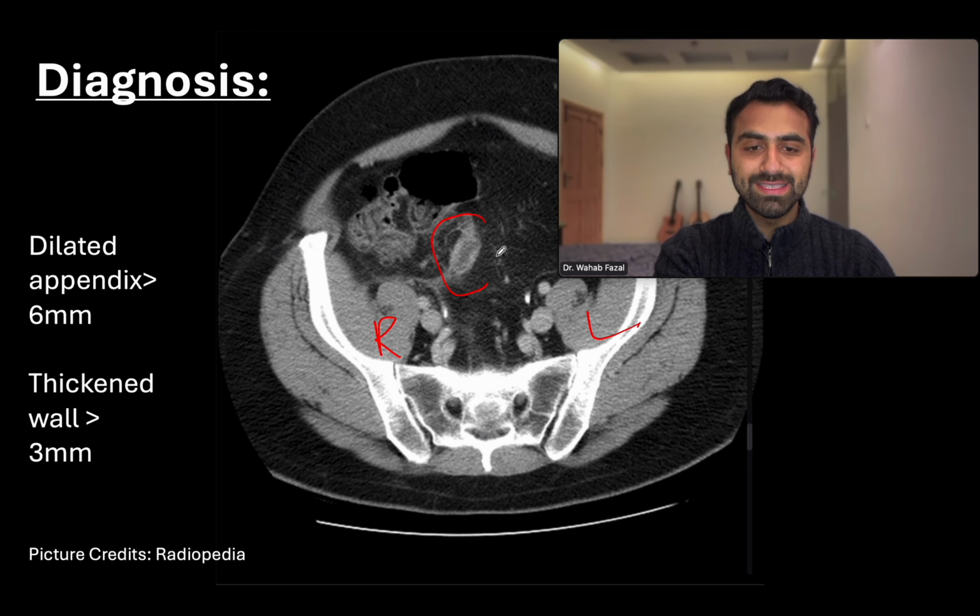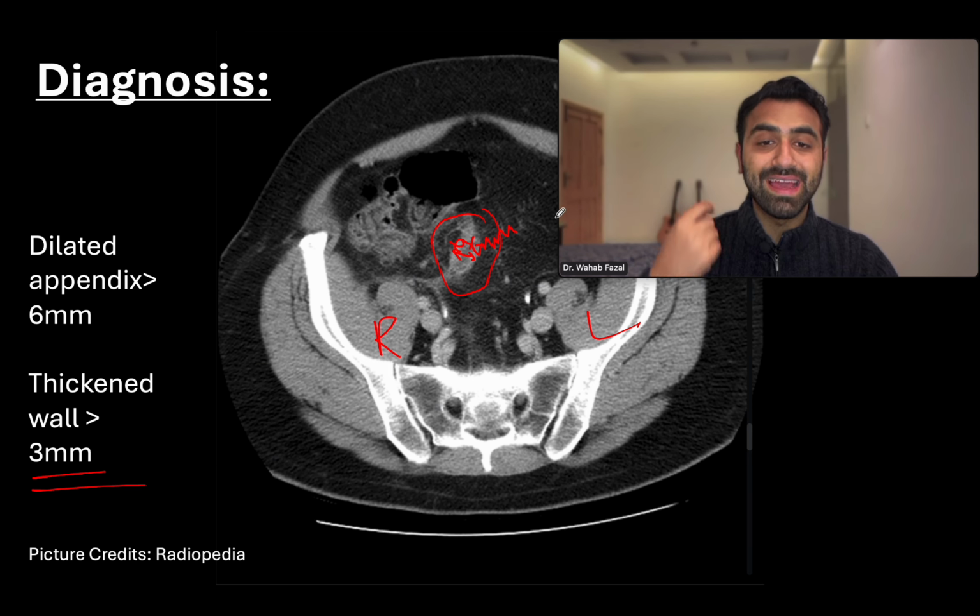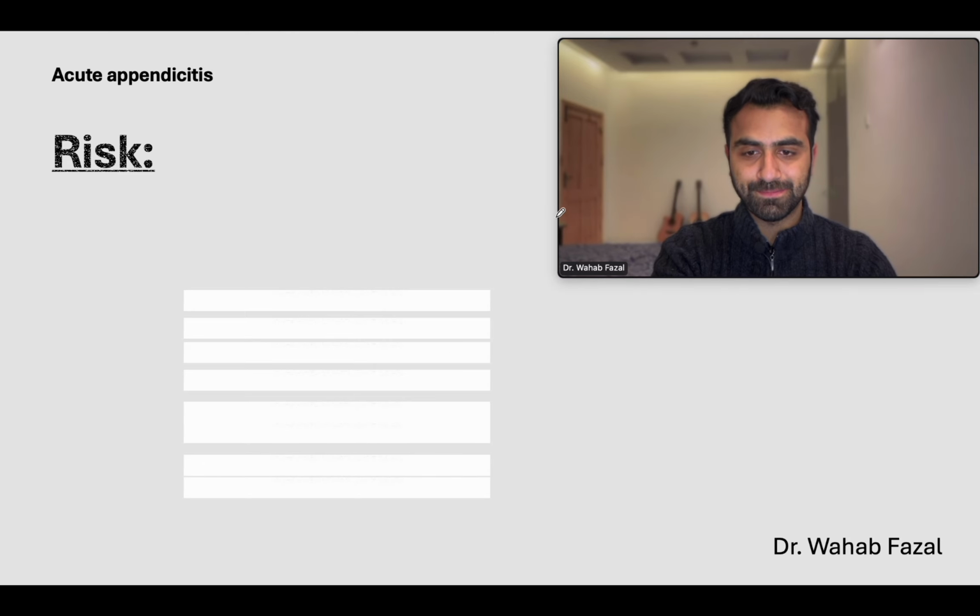So now you can see this appendix, and this looks a lot bigger than 6 millimeters. In the ER, on your hospital computers, you'll have a tool to measure this thickness, and I know for sure this is going to be more than 6 millimeters, and maybe even the wall is bigger than 3 millimeters. And this is usually used in the diagnosis of acute appendicitis.